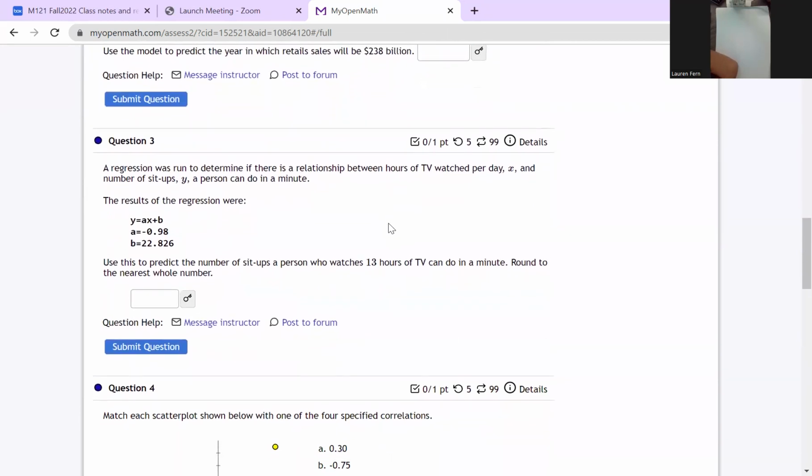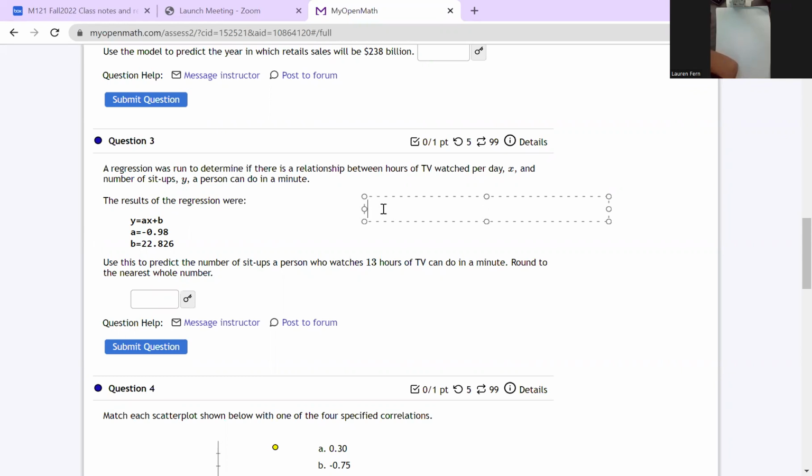All right, so question 3 gives you what it looks like in the calculator if you were going to be computing it, okay? So typically in our calculator, what this does is it says Y equals AX plus B, and they give you the value of A and they give you the value of B. There's nothing you need to solve here.